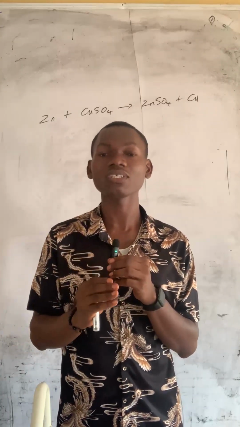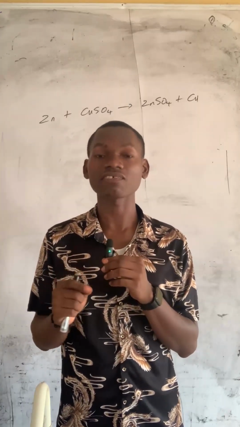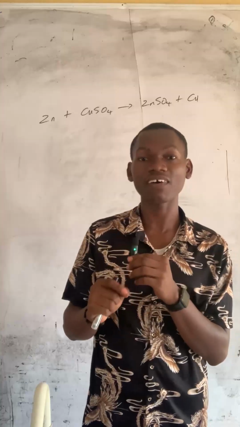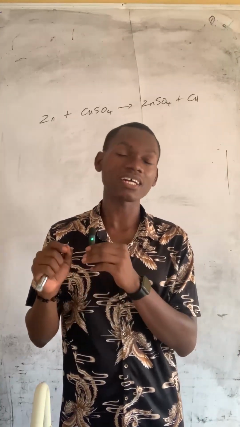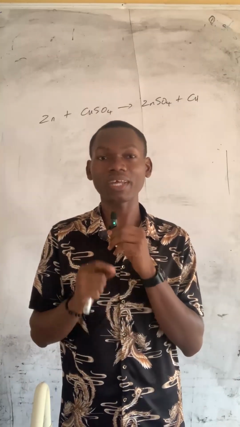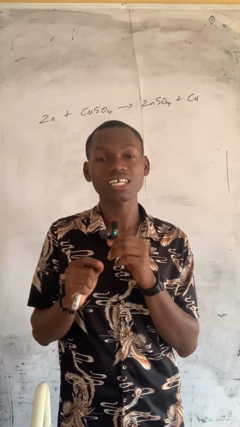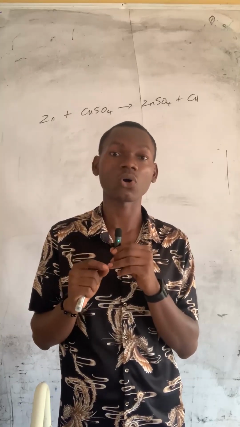The second definition is in terms of electron transfer. Oxidation is the loss of electron, while reduction is the gain of electron. So when electron is lost from a substance, it is called oxidation, but when electron is gained into a substance, it's called reduction.